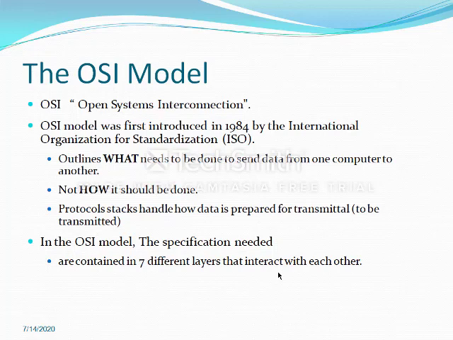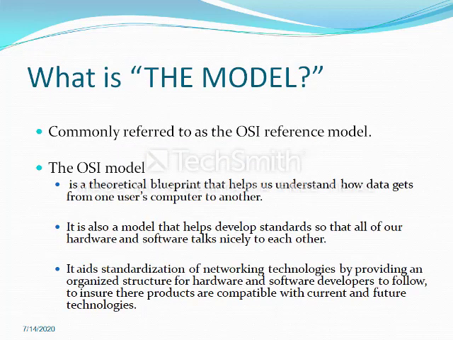Okay? The specifications needed for the OSI model are contained in 7 different layers that interact with each other.